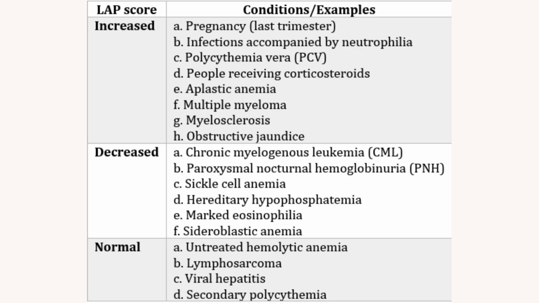Now, the LAP score will be decreased in CML, PNH or paroxysmal nocturnal hemoglobinuria, sickle cell anemia, hereditary hypophosphatasia, marked eosinophilia, and in sideroblastic anemia. Now, there will be normal LAP scores in the following conditions: untreated hemolytic anemia, lymphosarcoma, viral hepatitis, and secondary polycythemia.